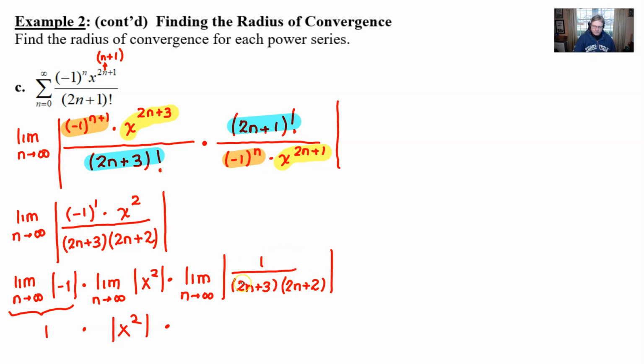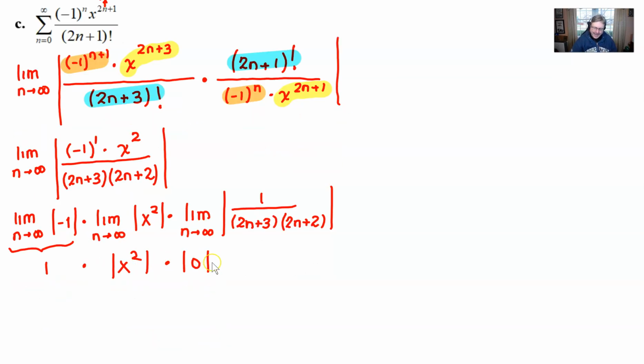Hopefully you remember that whenever you have a fractional expression where the degree on the bottom is higher than the degree on the top, as n in this case approaches infinity, you would certainly get 0 as your answer. And the absolute value of 0 is just 0. We don't really need the absolute values. And what that's going to do is completely wipe out everything that we have in this expression, because 0 is the result.